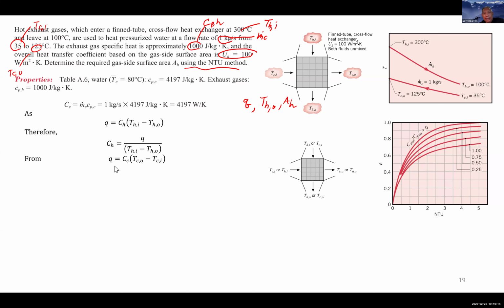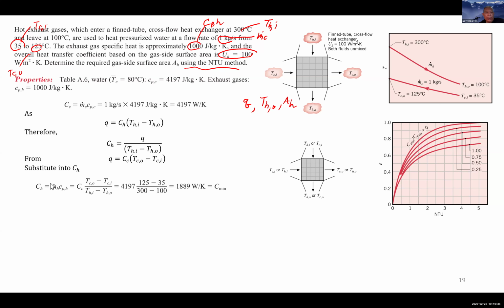And I have Q equal to CC multiplied by TCO minus TCI. This equation is important. Why? Because you know the temperature of the cold, 35 to 125. You know TCI, you know TCO.